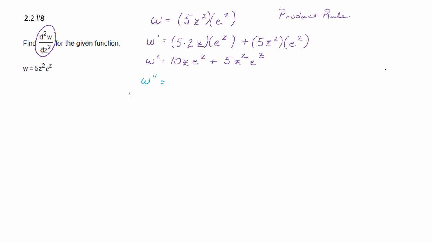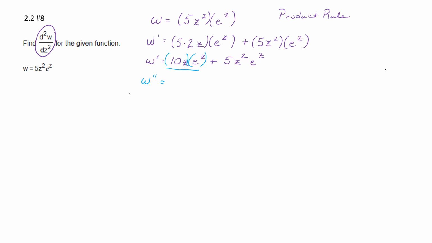I'm going to start by working with this first term, and so I'll split it into 2 factors like I did at the beginning. So the derivative, we're going to use the product rule again.